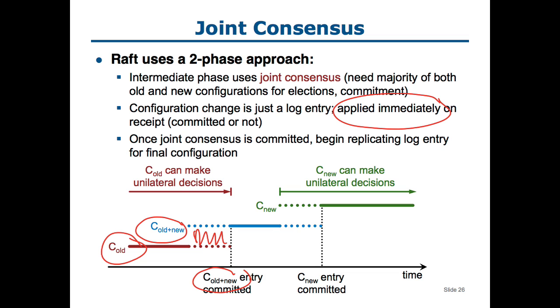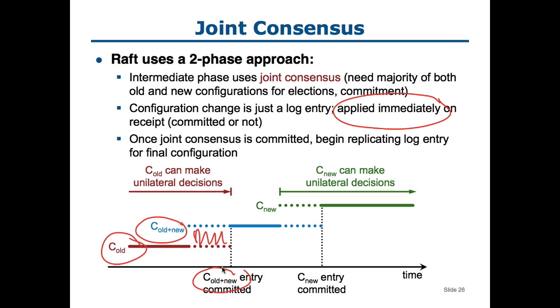Once that happens now, it's not possible for any machine to make a decision based purely on COld. Now, the way to see this is to realize that in order for a leader to become elected, it must hold in its log all of the entries that have been committed so far.